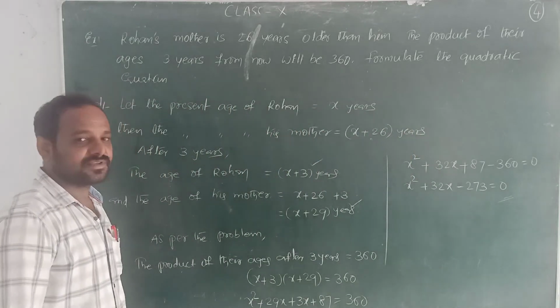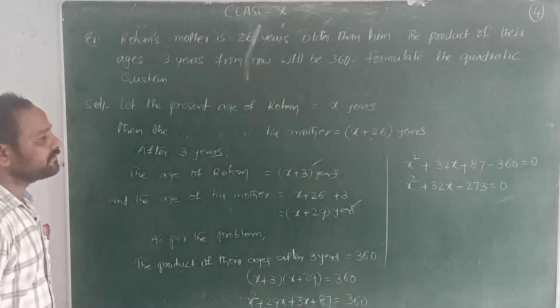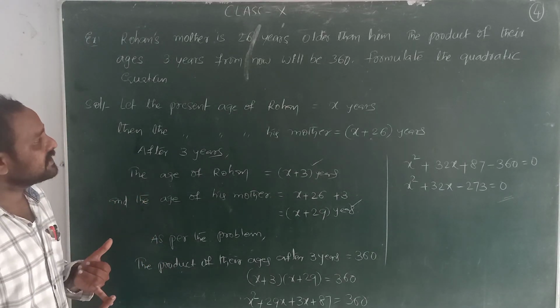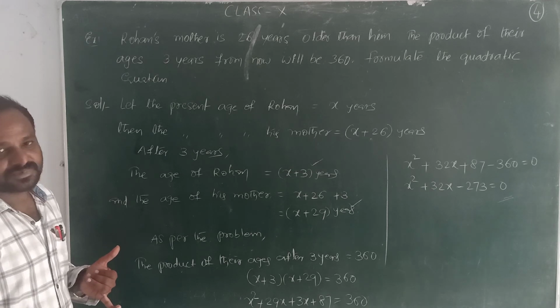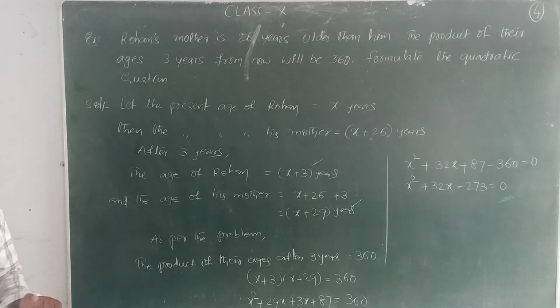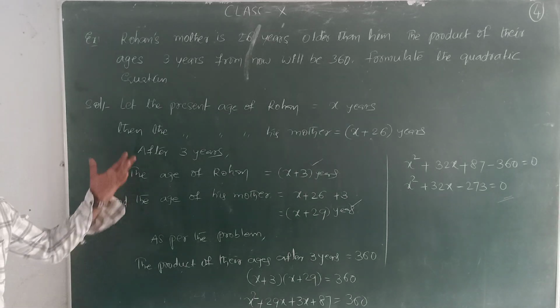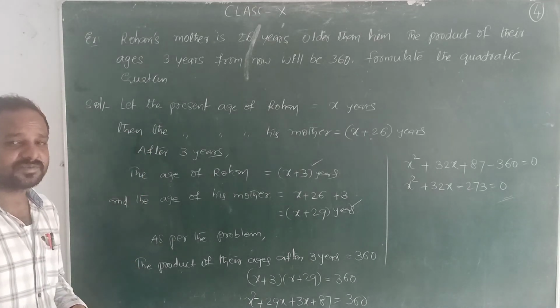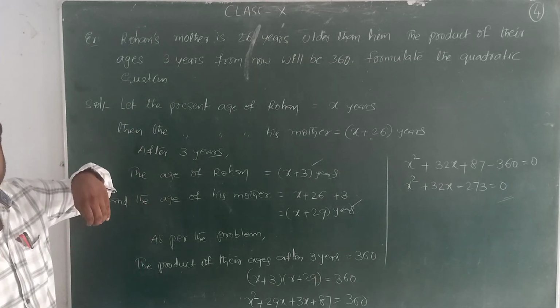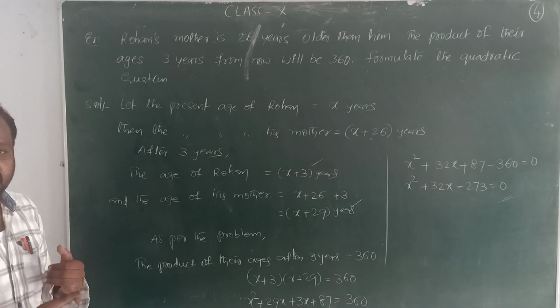You understand? So once again listen carefully here. What is the problem as given? Rohan's mother is 26 years older than him. The product of their ages after 3 years is 360. We have to formulate the quadratic equation for the given information. To do that, what we have to do? Actually here we don't know the present age of Rohan, but we knew the present age of his mother.